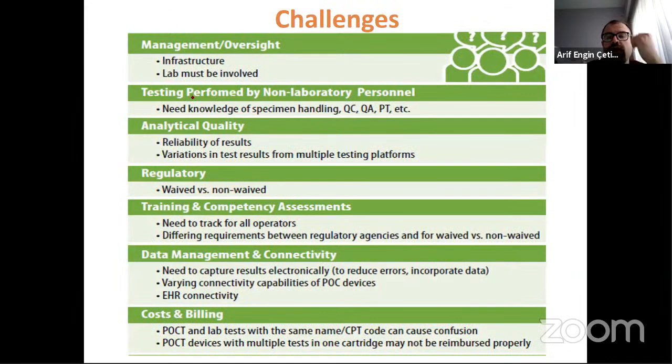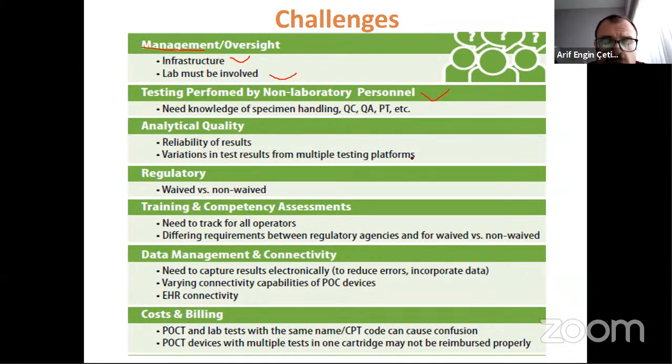So let's look at the challenges one more time in a clearer way. First, the management. At the POCT level, you don't need any infrastructure or laboratory environment or well-experienced laboratory personnel.